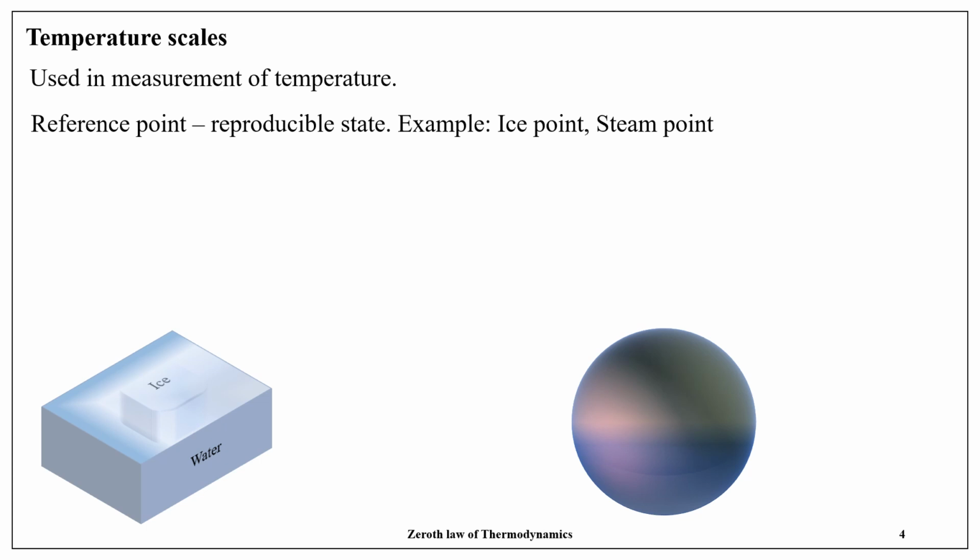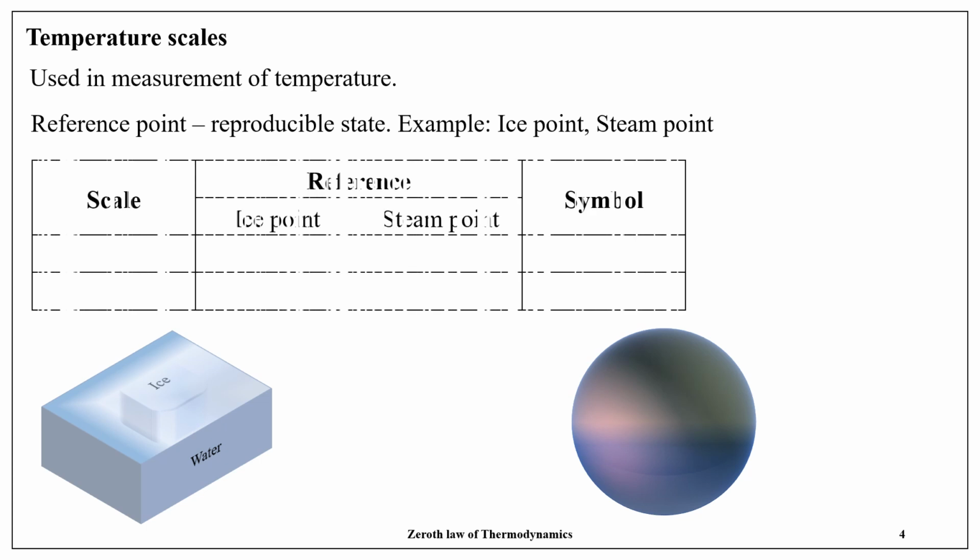So thermodynamic temperature scales use these reference points, ice point and steam point, and the widely used scales are Celsius: ice point 0 degrees Celsius, steam point 100 degrees Celsius.